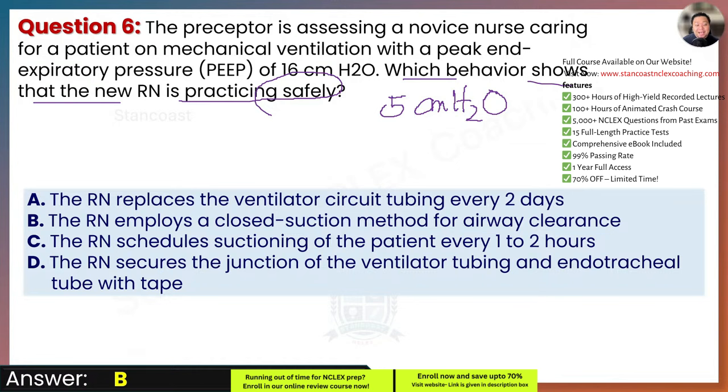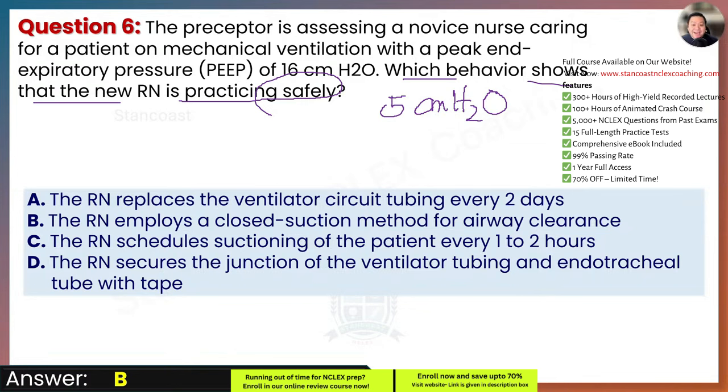So again, this is related to any conditions like ARDS, or maybe the client has severe hypoxemia. And so when you are caring for this patient with this level of 16 cm water, the goal is to maintain lung stability and also to maintain oxygenation while we are minimizing the complications.